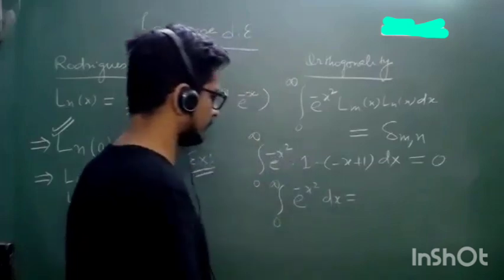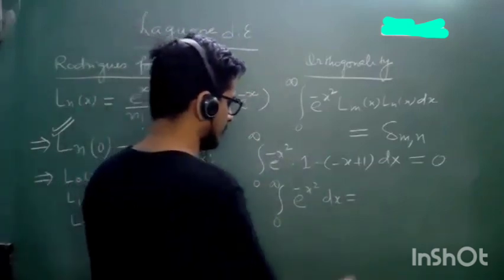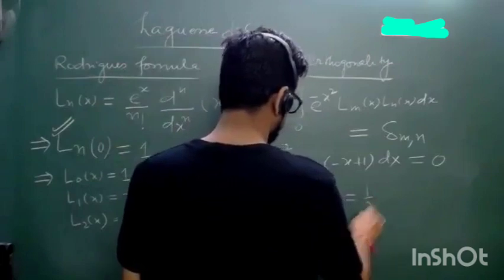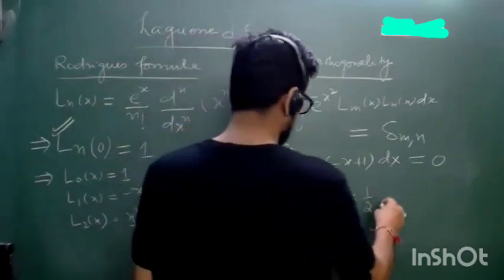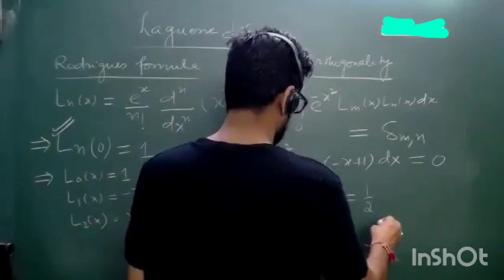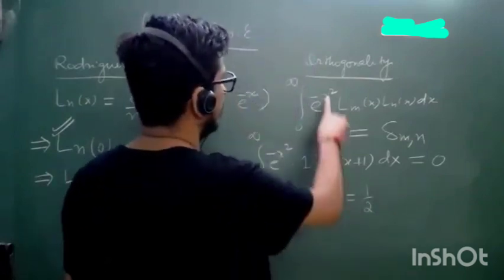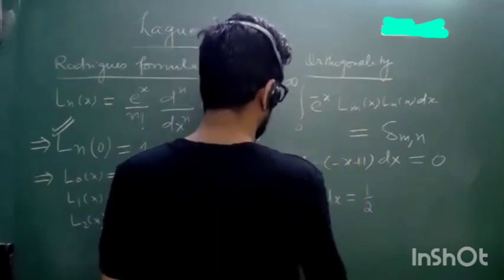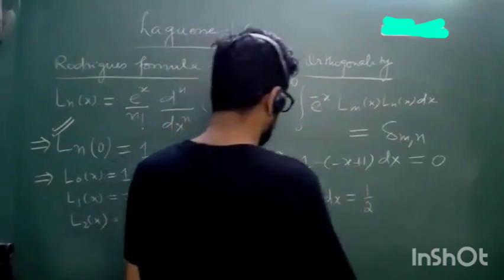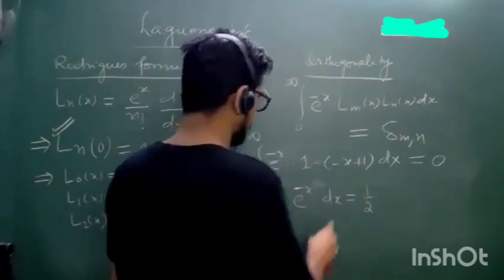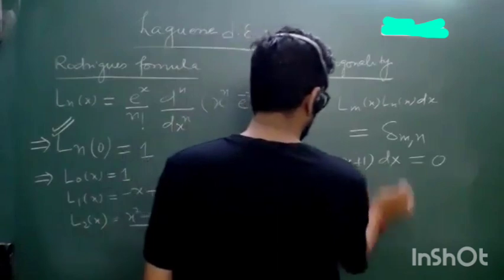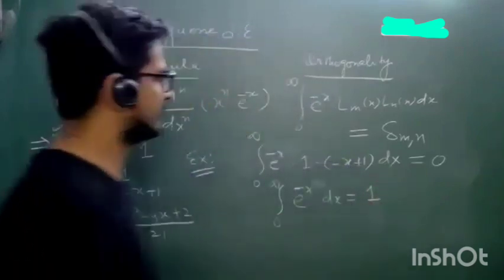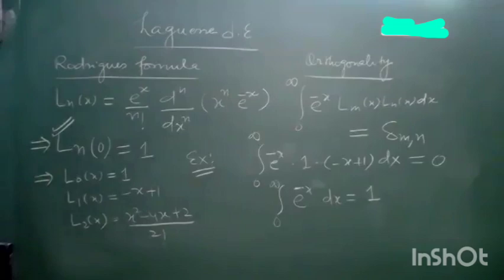No, sir. That is equal to what? 1 by 2. And sir, x square will not come, it will be x in the formula. Yes, that is why this was going wrong. So it is x, so it will become e to the power minus x dx. Now it is okay. Now this will become equal to 1. So this is not x square, but this is equal to x. Okay, thank you.